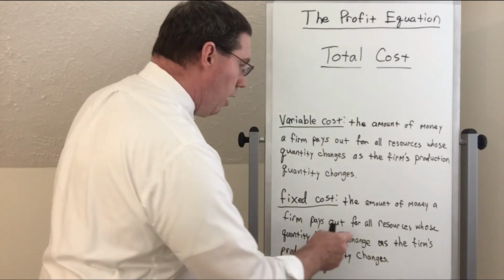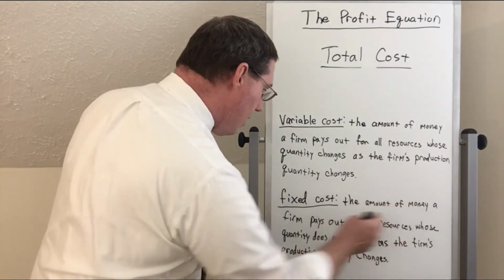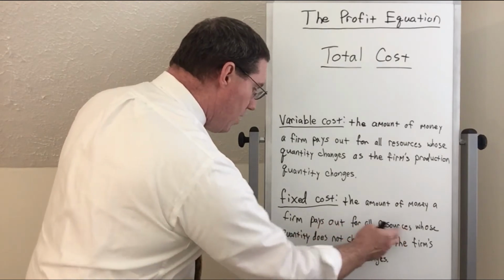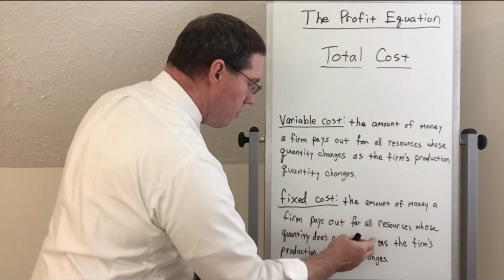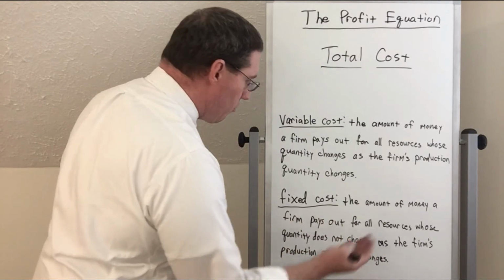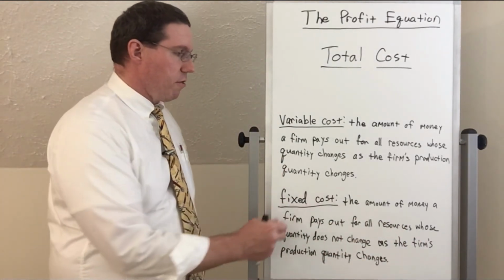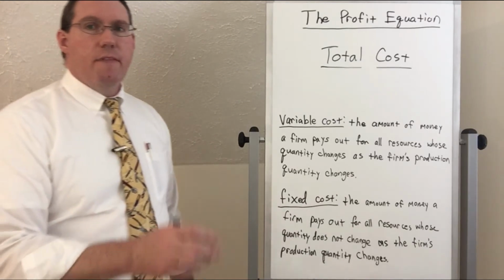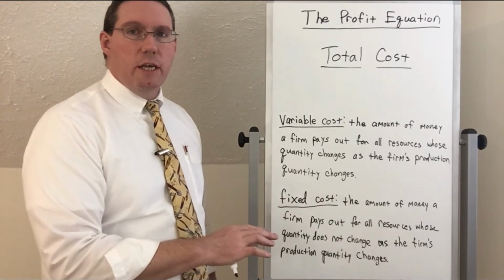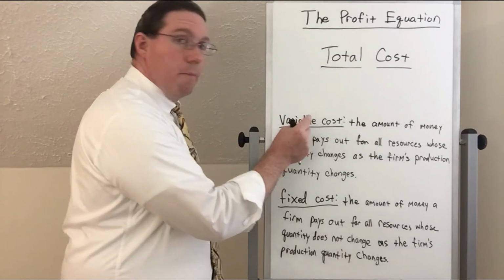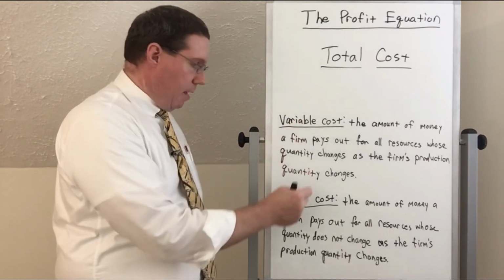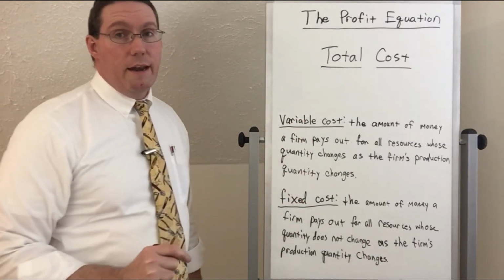They are costs, meaning money that they have to pay out for the resources where the quantity that they buy of those resources does not change as their production quantity changes. Those are fixed costs. And the bottom line is this, as the quantity changes in production, this number will change every single time, and this number right here will never change.